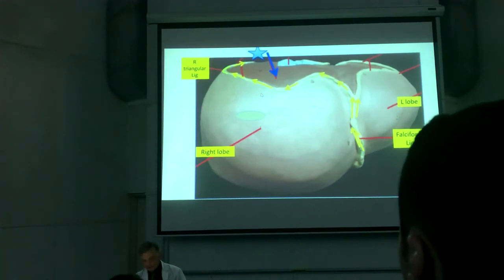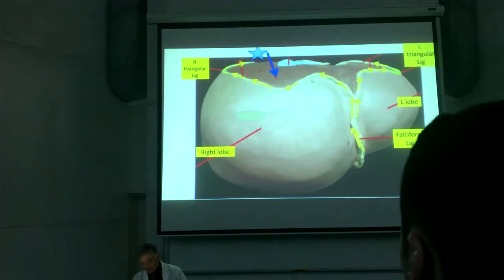Now, the left fold of the falciform ligament will go to the left and also turns back and forms the left triangular ligament and continues posteriorly.